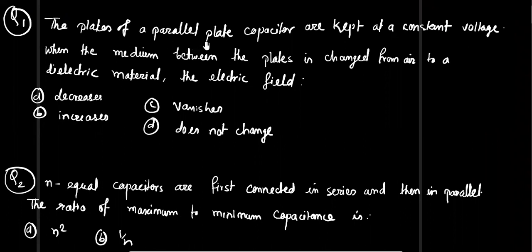The plates of a parallel plate capacitor are kept at a constant voltage. When the medium between the plates is changed from air to dielectric material, the electric field decreases, vanishes, increases, or does not change? We can solve it by using the concept of dielectric, or by using the concept of electric field.